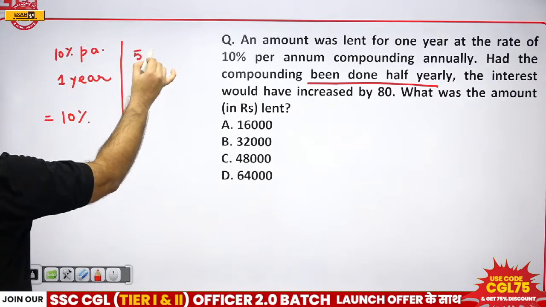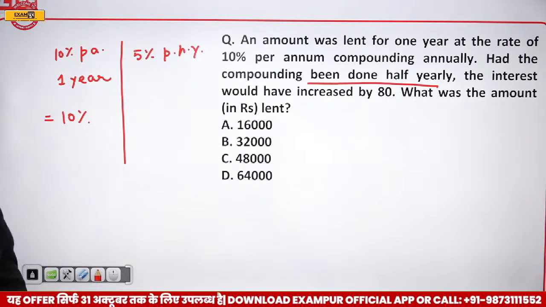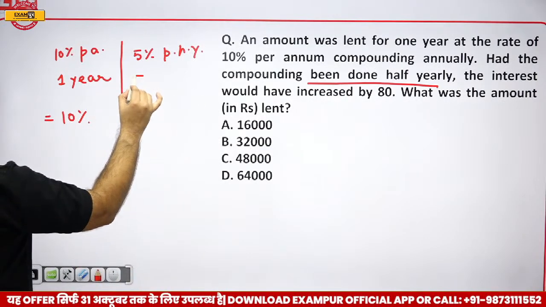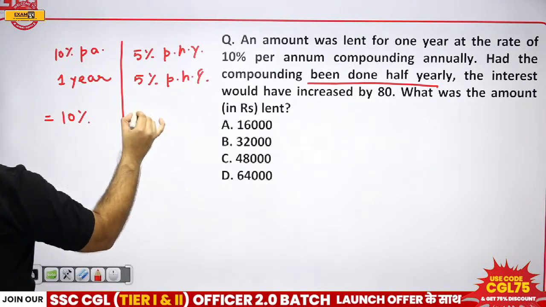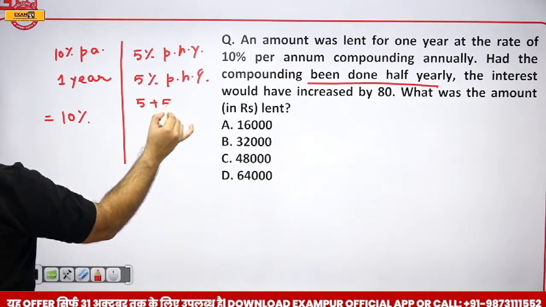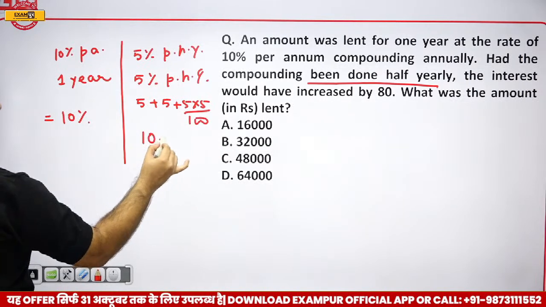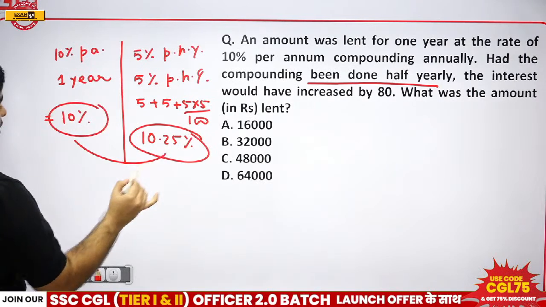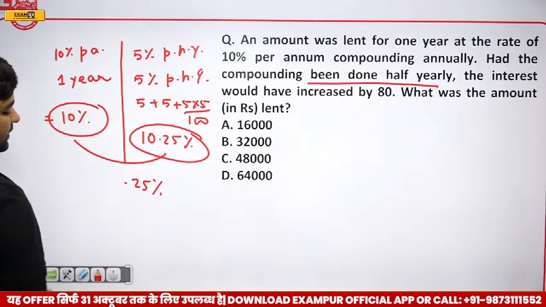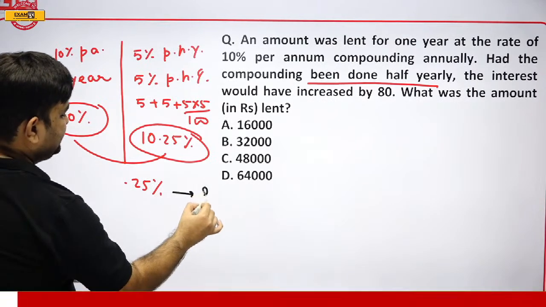So it is 5% per half yearly, and in 1 year there are 2 half yearlies. So 2 times 5%. So A plus B plus AB upon 100. Effectively 10.25% interest. So in the second case, 0.25% more, which is 80.